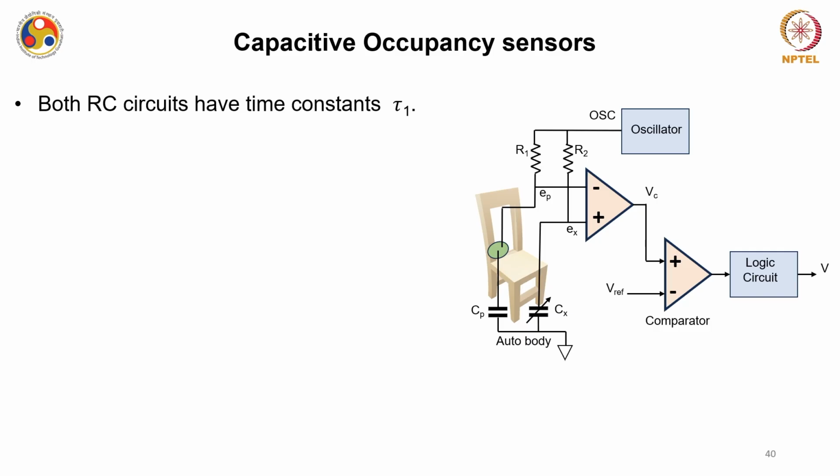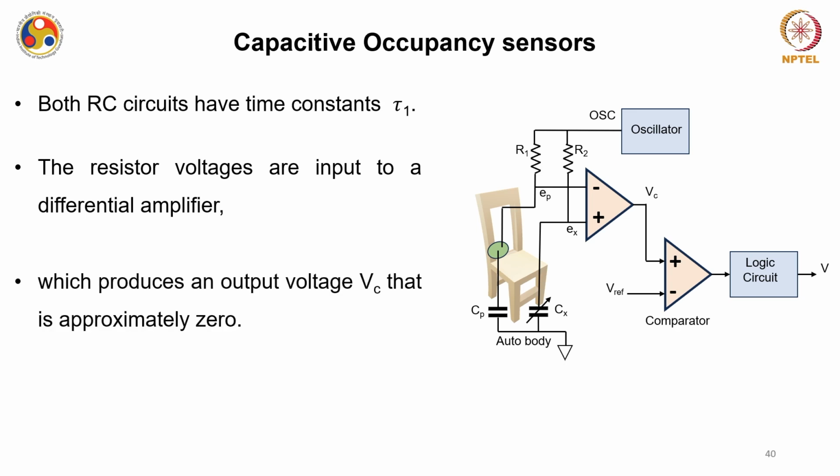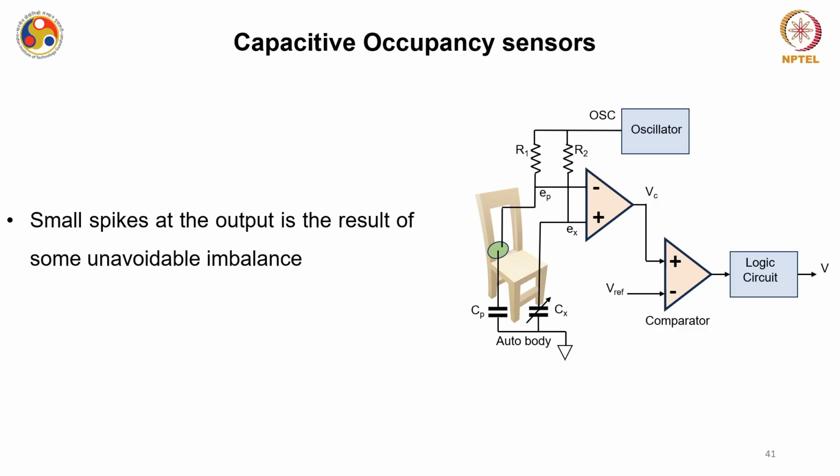The RC circuit will have a time constant, say tau 1, and the resistor voltages are input to a differential amplifier, which produces an output voltage Vc that is approximately equal to 0. In this condition, when there is no occupancy, this Vc is approximately equal to 0.